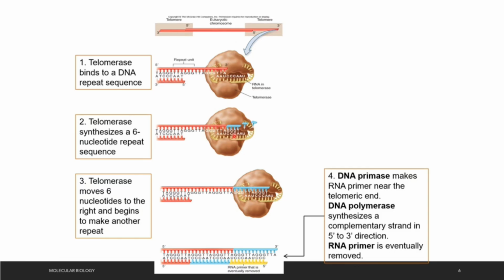And after synthesizing a new 6 nucleotide repeat sequence, the entire enzyme is going to move forward by 6 nucleotides to the right, and then go ahead and make another copy of the 6 nucleotide repeat. So you just go on and on and on, depending on how young the enzyme decides to make the cells.